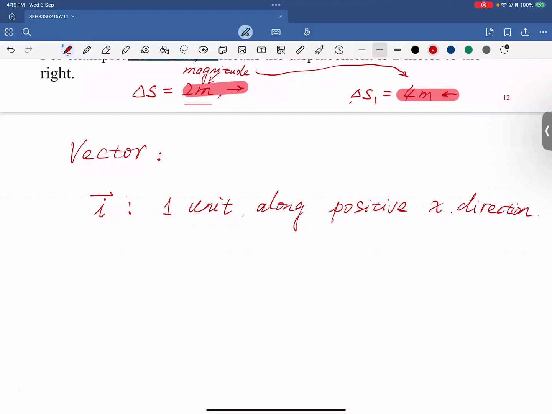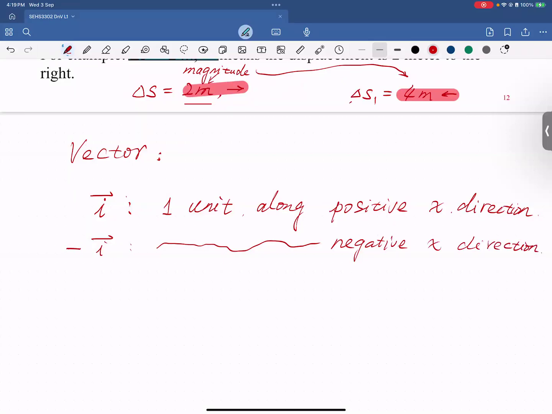And you will know negative I is also 1 unit along negative x direction.